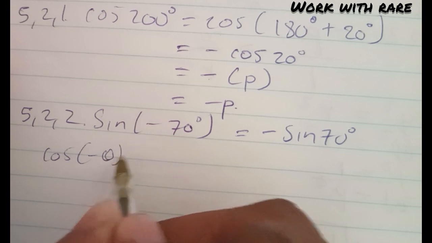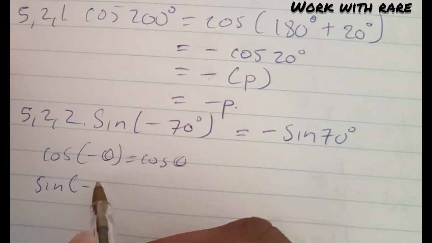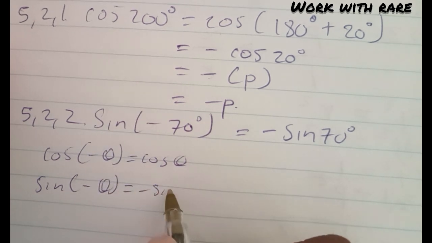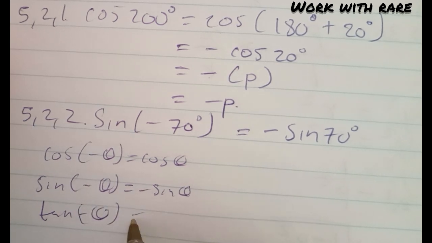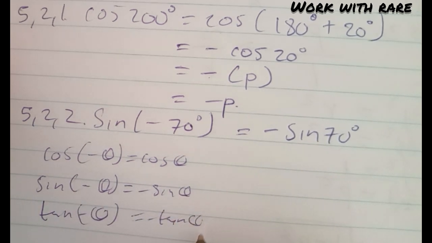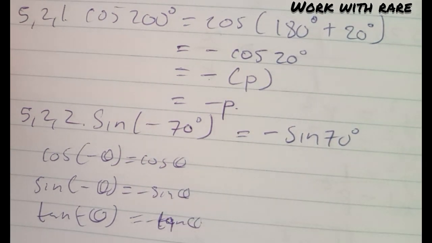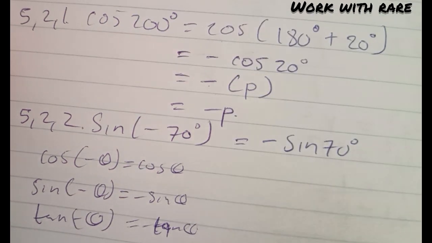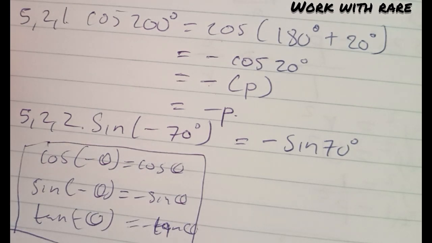Cos negative alpha is positive cos, but sine negative is negative sine, tan negative is negative tan. These are reciprocals. That's what you should know. But if here it was cos, it was going to be a positive cos. Okay, so that's what I mean. Here I was just showing you, it's not part of this, but I was showing you why I said this is positive, this is negative.